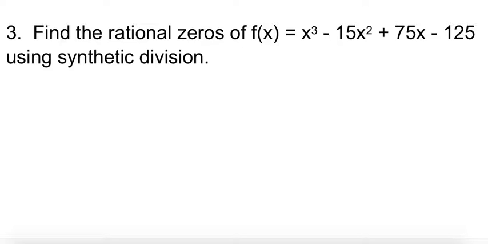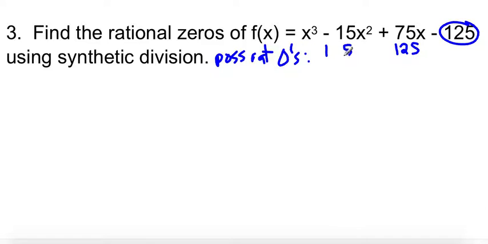So our possible rational zeros, we need the factors of that. So 1 and 125, and 5 and 25, is that right? That's it.